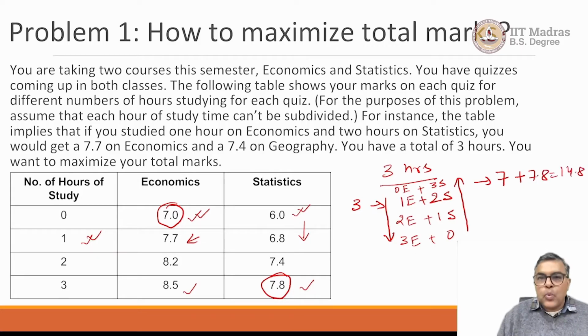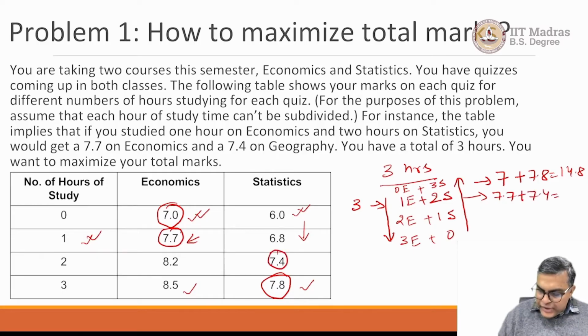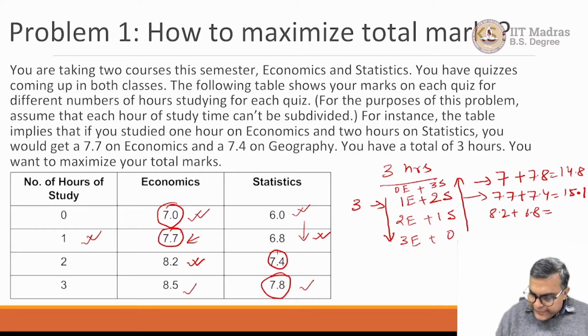So that gives you 14.8 marks. 1E and 2S. So 1E is 7.7 you get, and 2S is 7.4. So you get 15.2. And 2E 1S, so one can write 8.2 plus 6.8, and that is 15 marks.